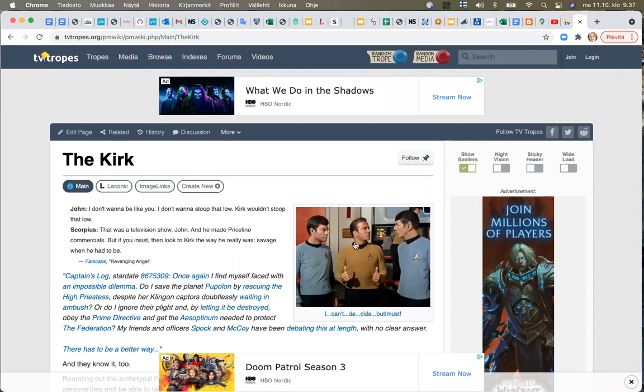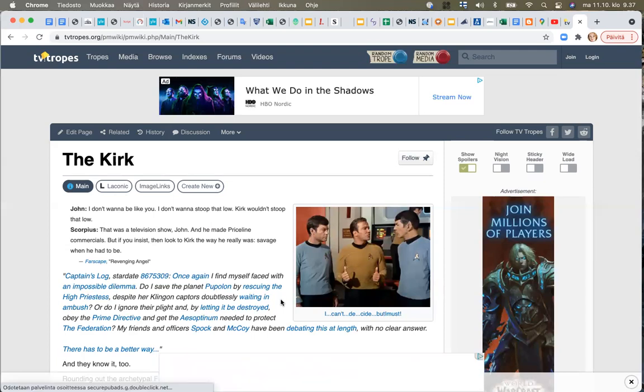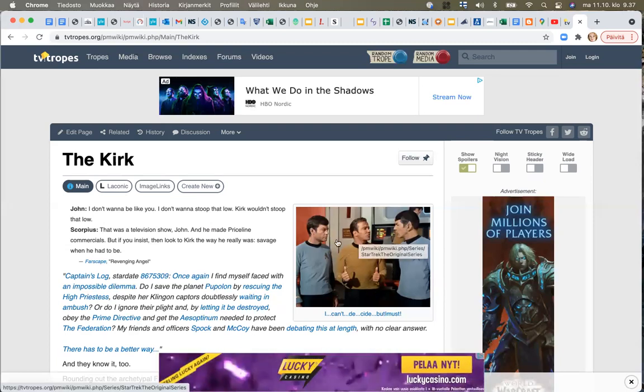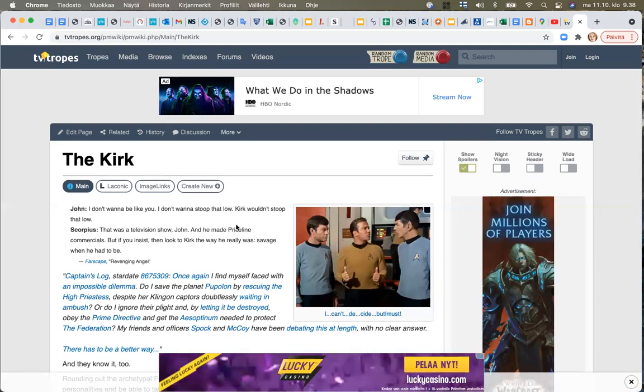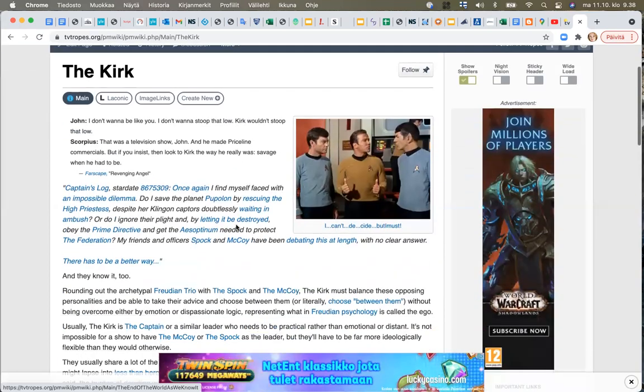And whenever Kirk has a problem on the spaceship, he asks the advice of these two guys, and they both give answers that are typically characteristic for them, and then Kirk has to make a decision that is somehow a combination of both of these characters' advice.